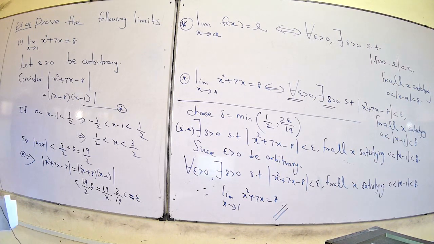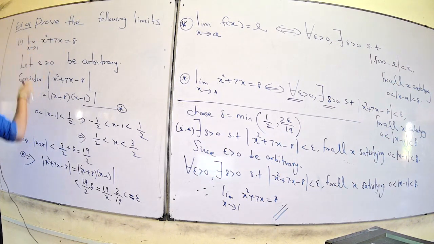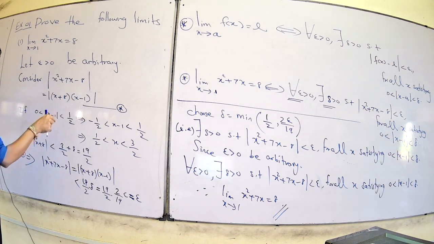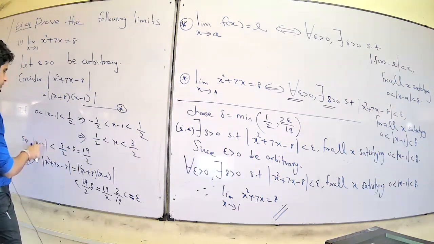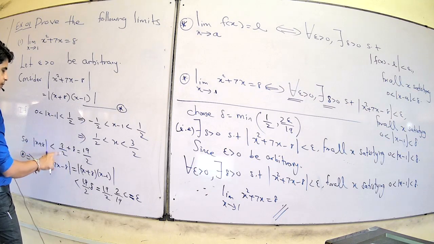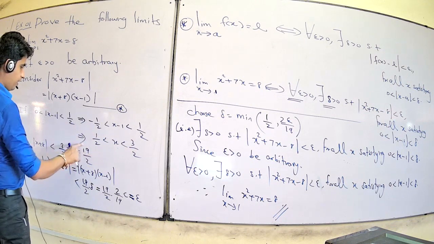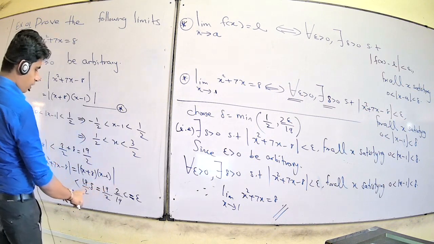Now you understand what steps we want to consider, right? First, you take the arbitrary element epsilon greater than 0. Hereafter you consider x squared plus 7x minus 8. Your claim is you want to show that it is less than epsilon. For that, if you take delta as half, then you get the x range. The modulus of x plus 8 should be less than 3 by 2 plus 8, which is 19 by 2. Then you get this less than 19 delta over 2.